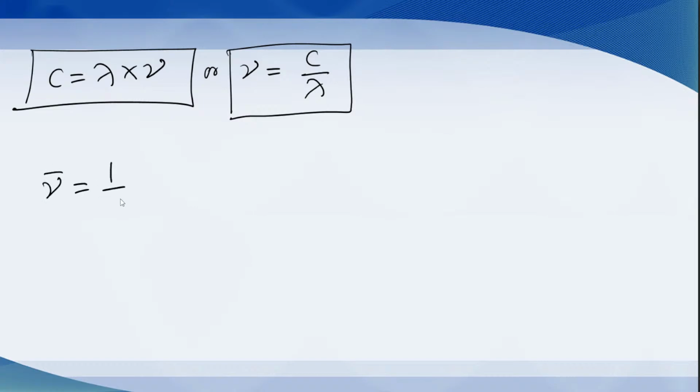So first is c equal to lambda into nu, or you can write it as nu equal to c over lambda, or wave number nu bar is equal to 1 upon lambda.